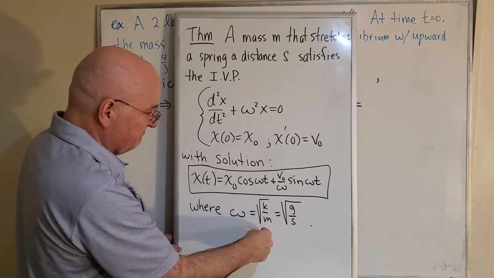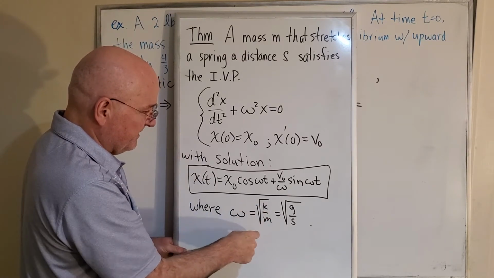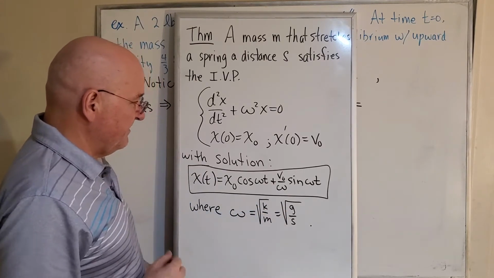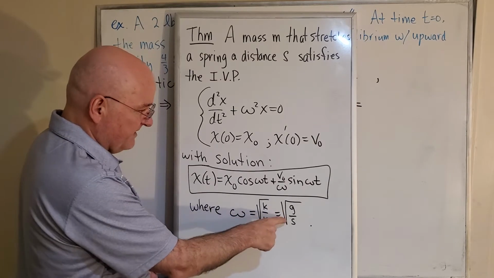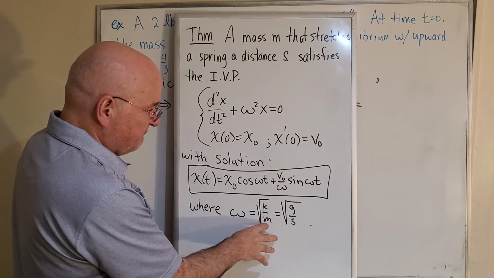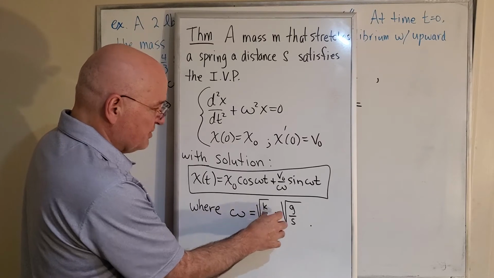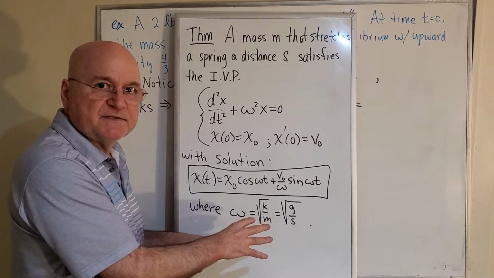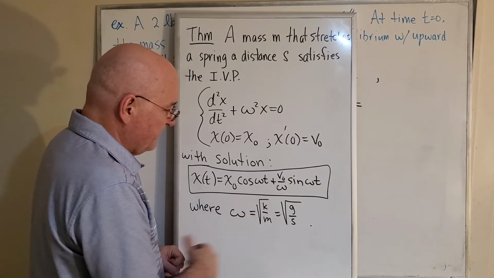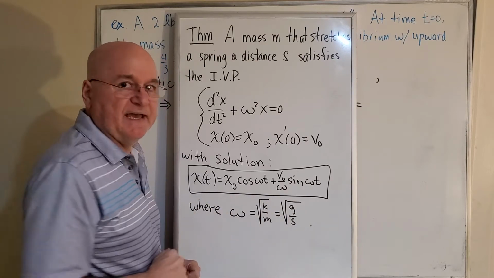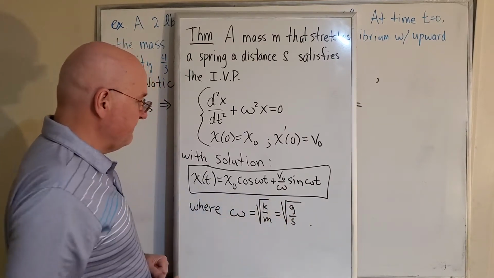This looks identical to what it was, but here's another way of stating what omega is. And it shouldn't be a surprise, because if you squared both sides and cross multiplied, you get mg equals ks. So these two are equal to each other.